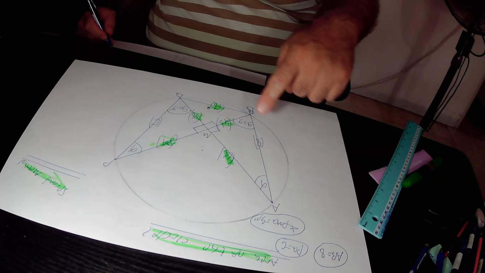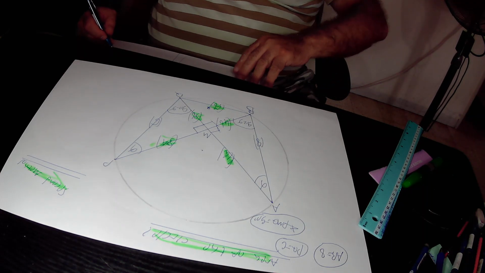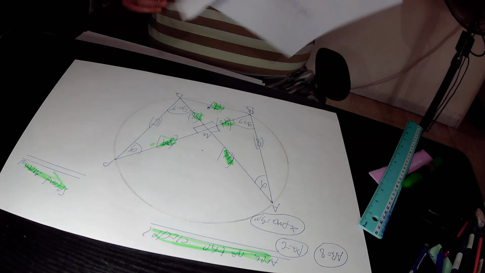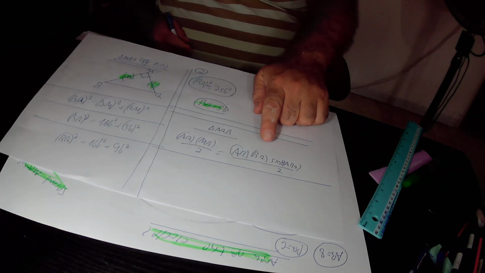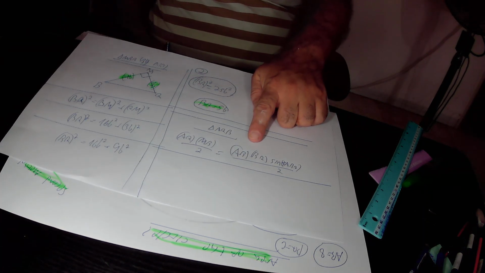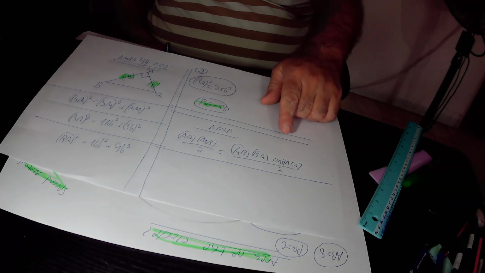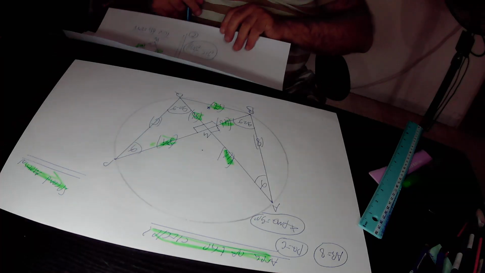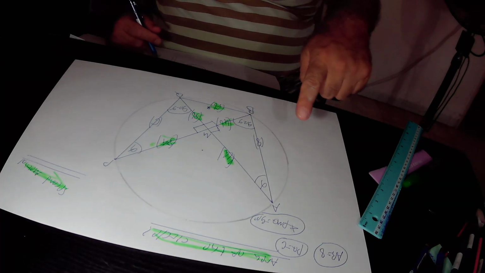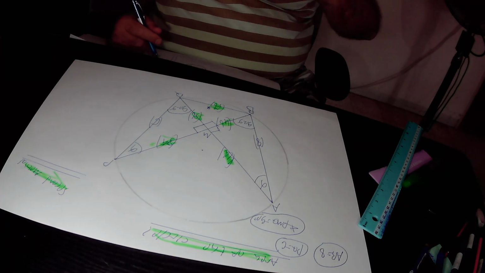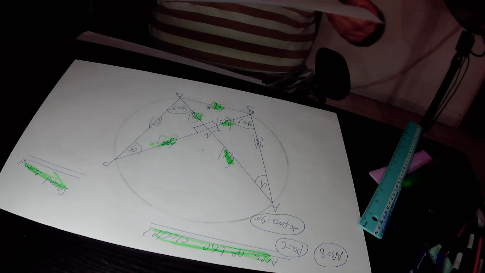Again, the area of triangle ABQ according to the second method is equal to AB times BQ, the multiplication of two sides, times sine of the angle between the two sides, angle ABQ, over 2.